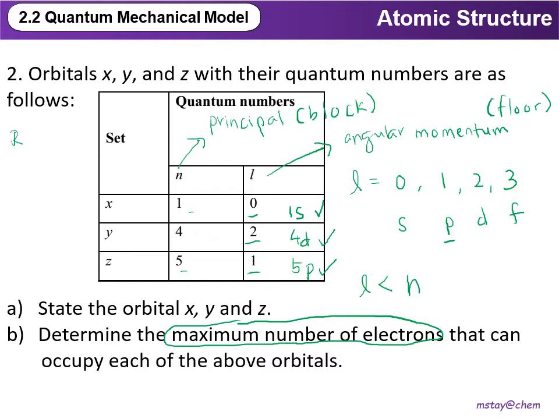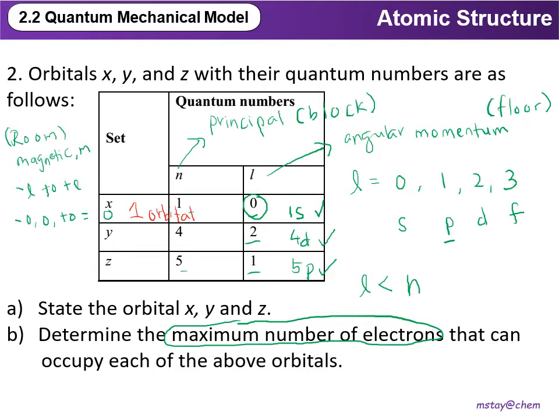The room is the magnetic quantum number, where the value is from negative l to positive l. For example, we have l equal to 0, so negative 0, 0, and positive 0 are all the same, so it only refers to 0. So we have only one orbital.